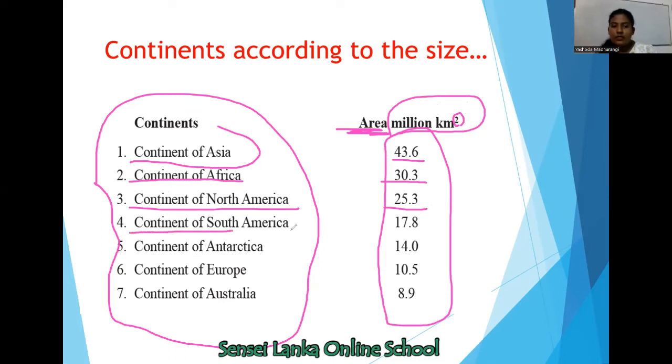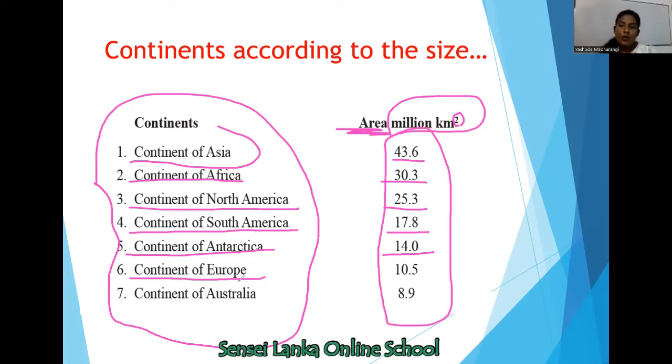Number 4, continent of South America. Look at the square kilometers in million, 17.8. So, number 5, continent of Antarctica, 14 million square kilometers. Number 6 is Europe, 10.5.